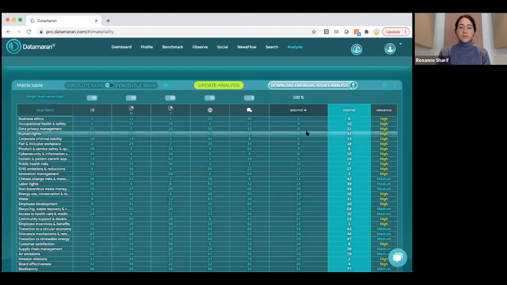Something like human rights, okay? Human rights ranks 4. We can see this is something that is ranked as 31 from the financial perspective. So starting to ask questions about, is this an issue that we should be addressing and are not currently? What are the opportunities here for our company? What are the potential risks?